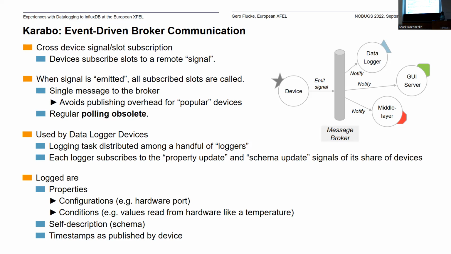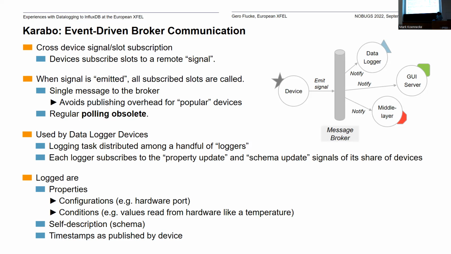A single message will go to the broker, and all the others get informed about this. By this, you avoid overhead for publishing for these popular devices which many others have interest in, and polling on the control system level is obsolete.